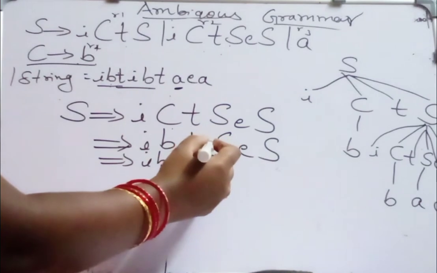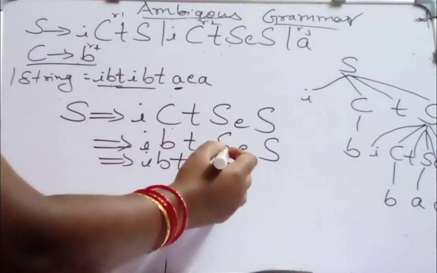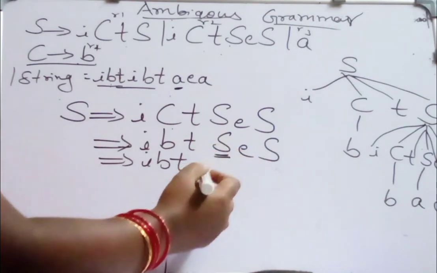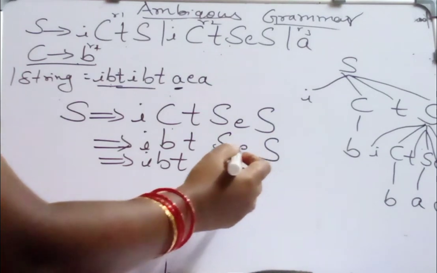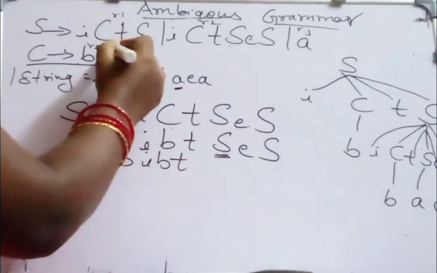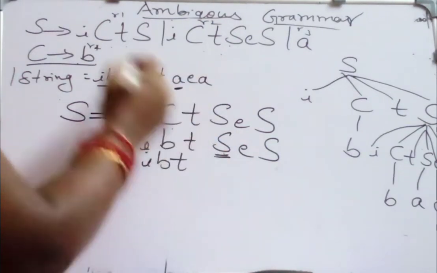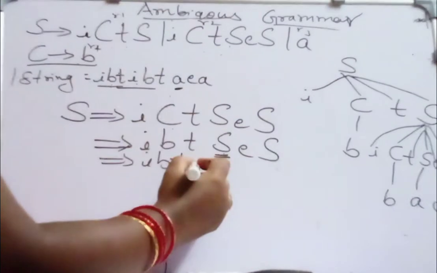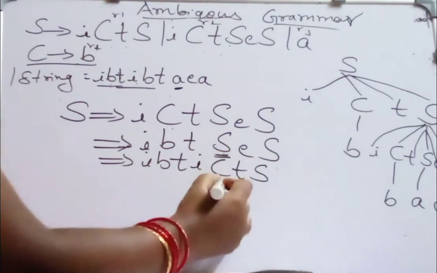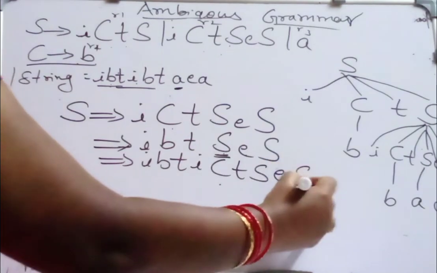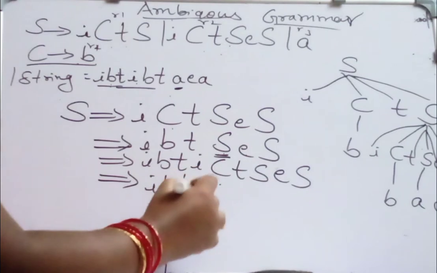So here for this S, I am substituting ibtSeS. Here iCtS, this rule number 1 I am substituting because I want again i here. So here i is present. iCtS, for S I substituted. Copy this eS as it is. Next, ibti we finished.